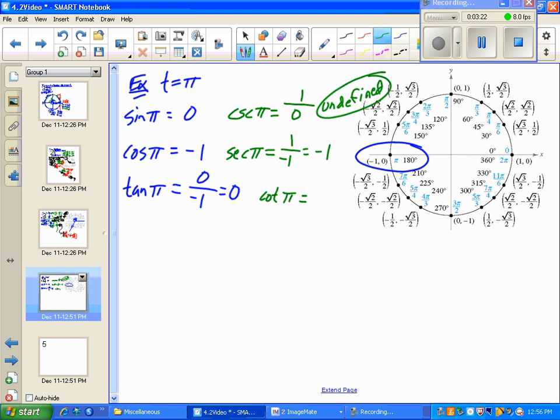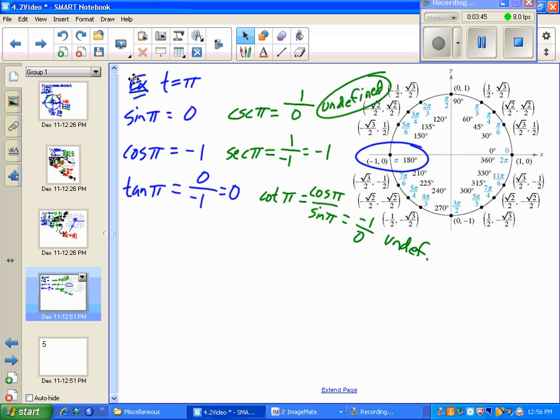Here you want to think about the cosine over the sine definition. The cosine here is negative 1, the sine here is 0. Guess what? Undefined. In other words, 1 over the tangent also. So that's at t being pi.